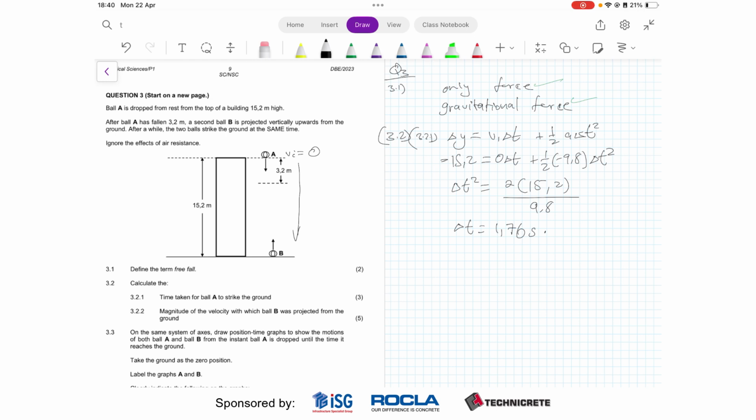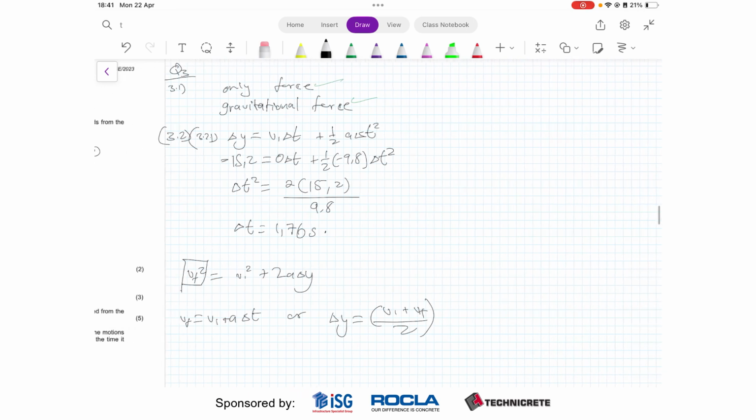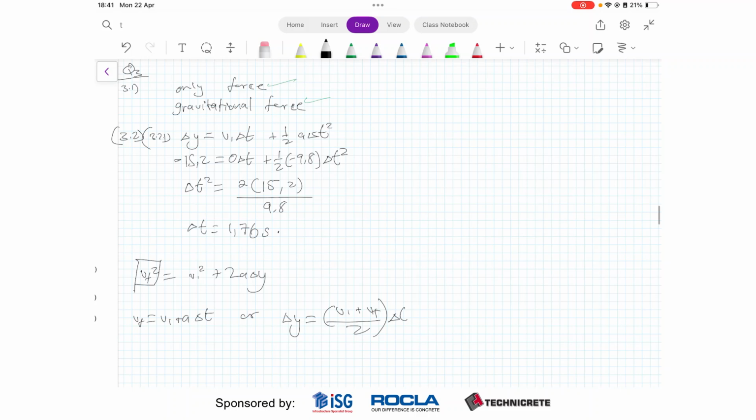You could use a host of other methods where you use Vf squared is equal to Vi squared plus 2a delta y, which would need you to then find Vf first, which you would then plug into either Vf is equal to Vi plus a delta t, or into delta y is equal to Vi plus Vf over 2 multiplied by delta t.